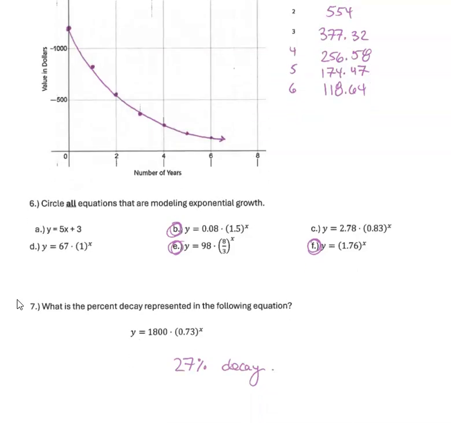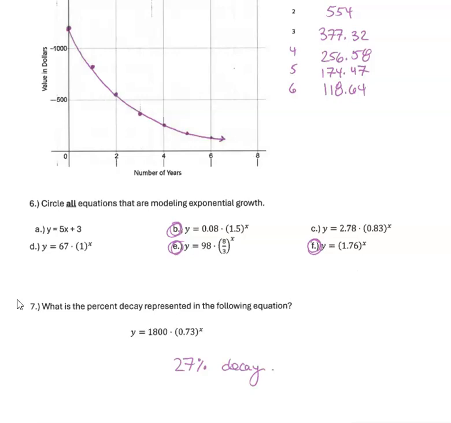2 more. Circle all equations that are modeling exponential growth. A is not it because that's linear growth. B, even though that first number is less than 1, which seems like it would be decay, the number that actually matters is the factor, and the factor is greater than 1. And whenever you multiply by a number greater than 1, it gets bigger, so that's growth. The next one is multiplying by a number smaller than 1, so it's decay.